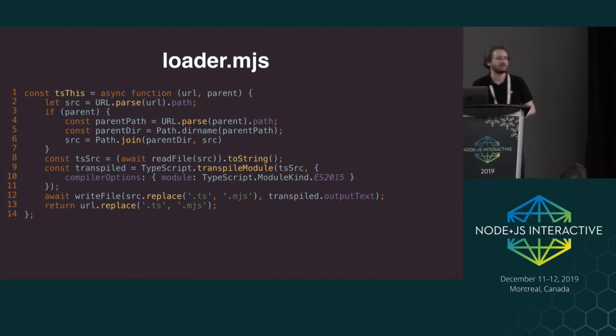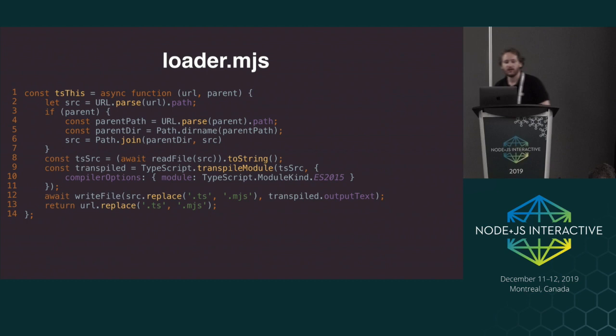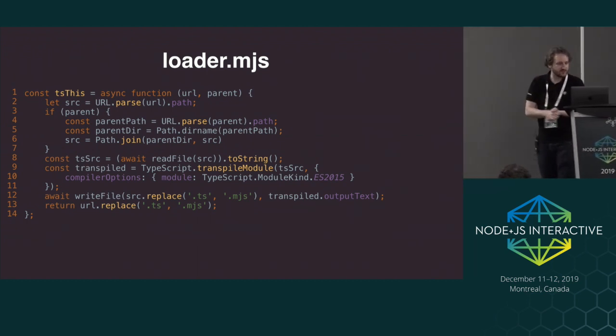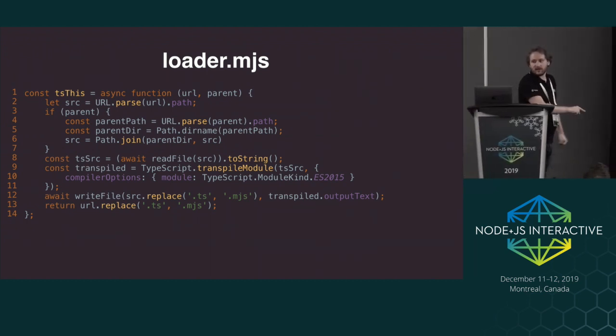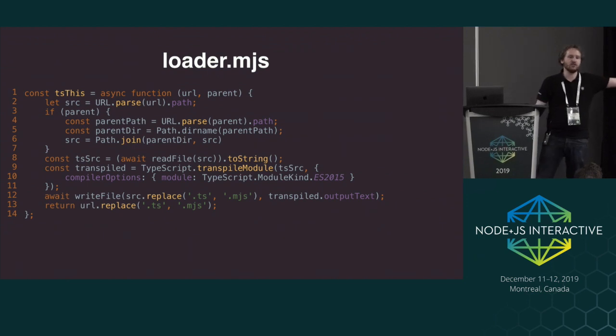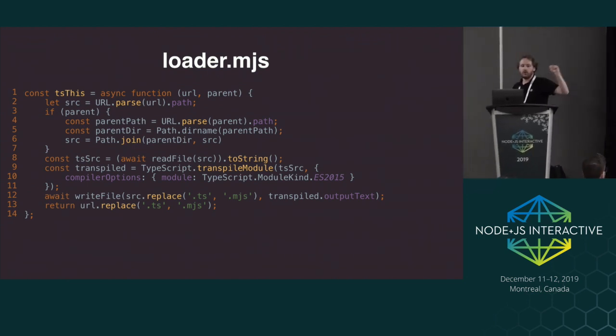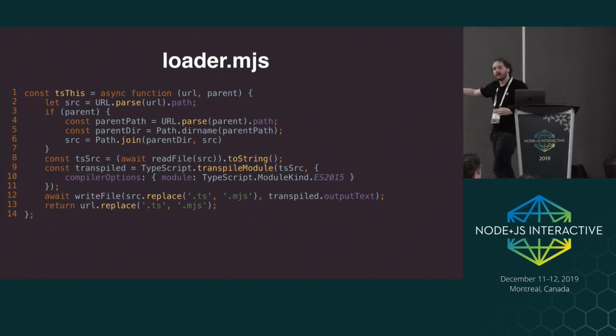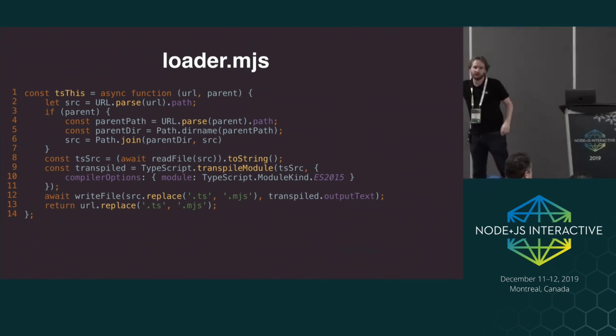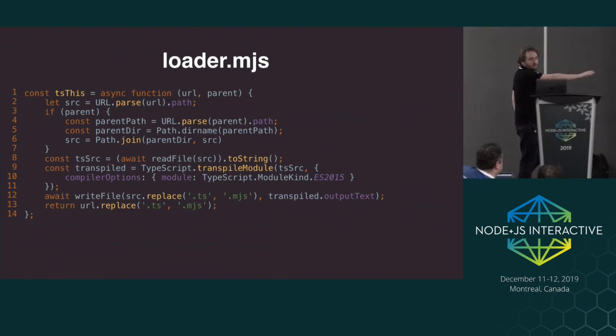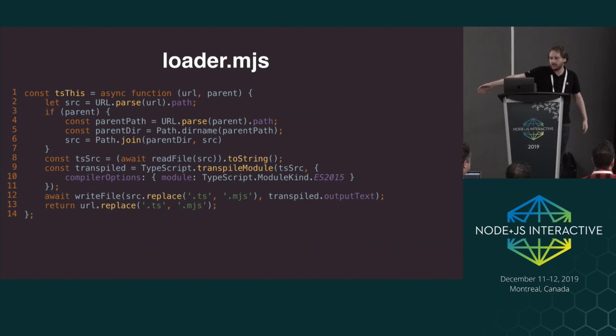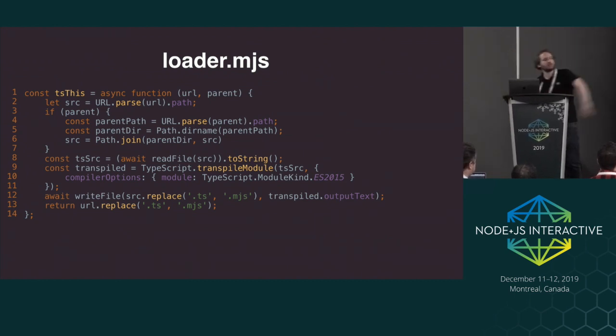I probably should put that in a worker thread, but that's the next talk. In the same room, stay here. On line 12, what I do is I just write this JavaScript code into a file that is the same file from which I read the TypeScript, but I replace the extension from ts to mjs. That's what I do on line 12. And then I just return the URL to my new file.